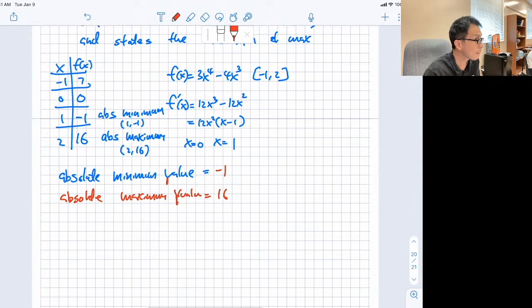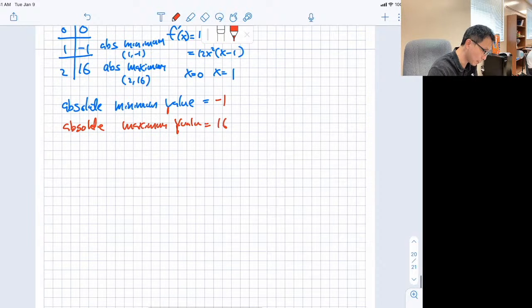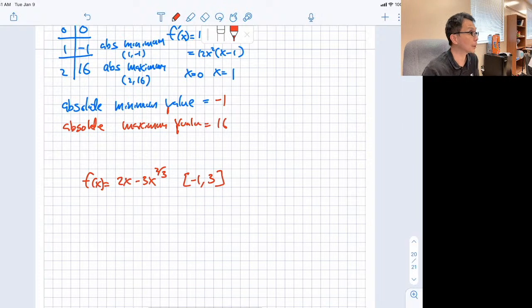Does that make sense? Pretty easy, pretty straightforward. Sometimes they do have something more complex, like 3x to the 2/3. The problem is a lot of people cannot find the critical number in this case. So far, only one student claimed they got it right.